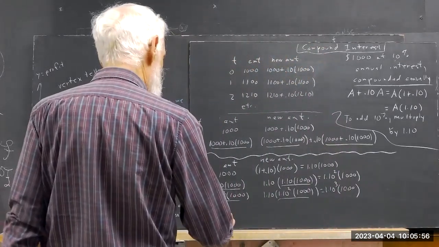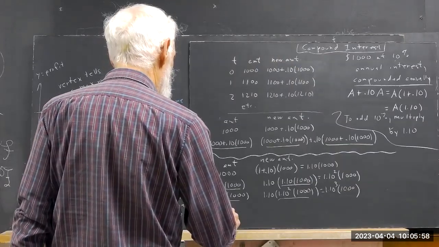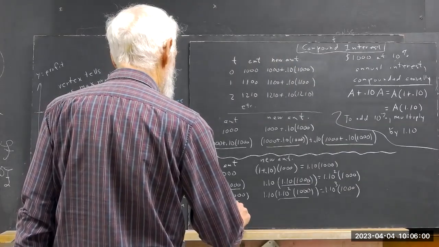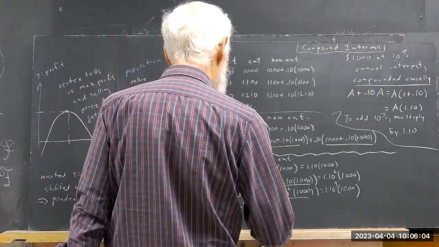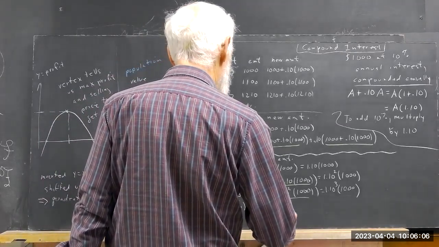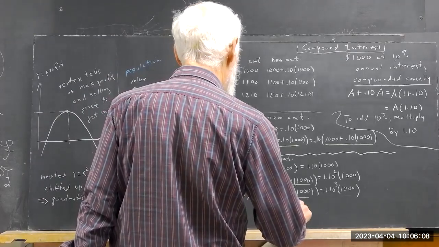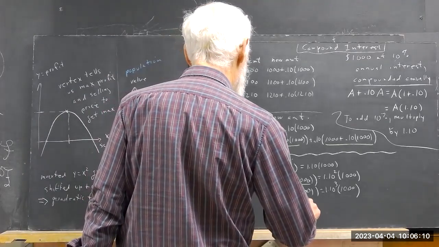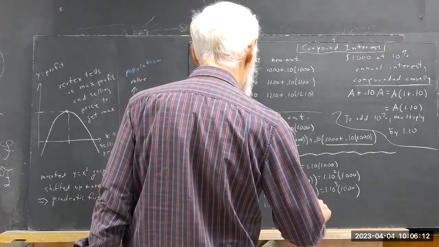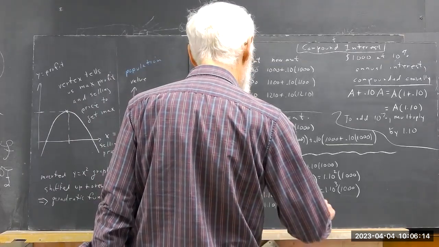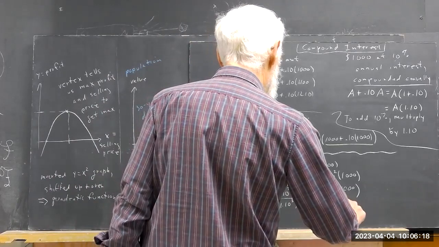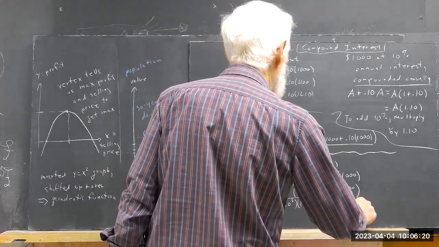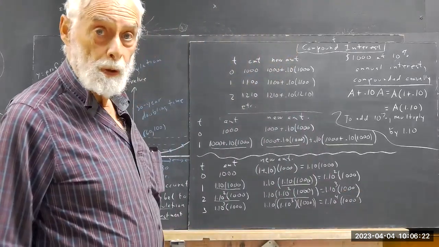And now in the third year, we've got 1.10 cubed times 1,000. And then our interest is going to be 1.10 times that. And of course, that's another 1.10. So every year we multiply by another 1.10.